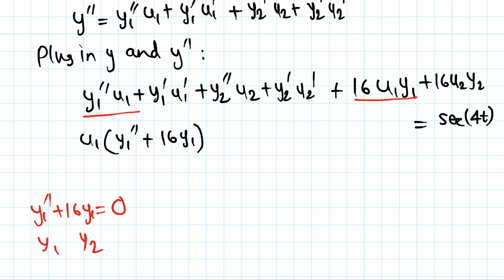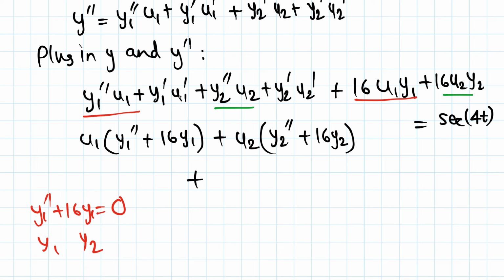In the same way, factor u2 out from these two: y2 double prime plus 16 y2 will be 0 as well because y1 and y2 are solutions of this.